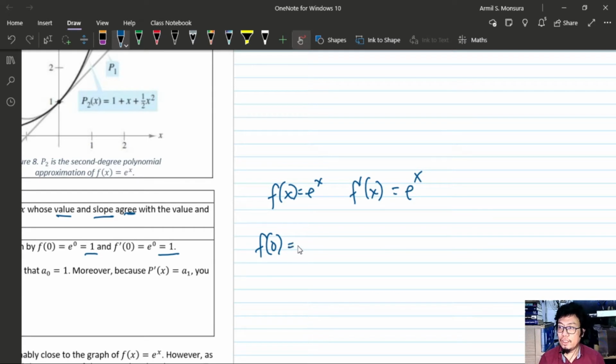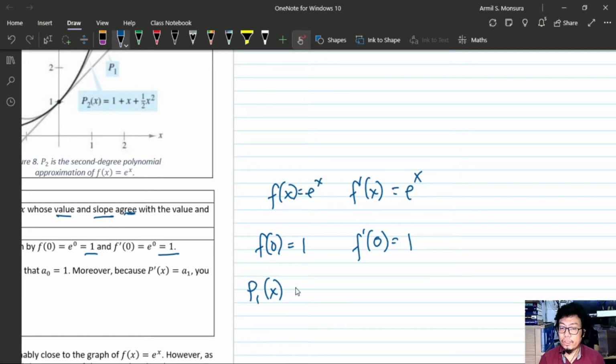So f of 0 is e raised to 0 or 1, and f prime of 0 is also 1. That's e raised to 0. Now, what we would like to have is for your p1 of x to have the same value and the same slope as that of your given function.